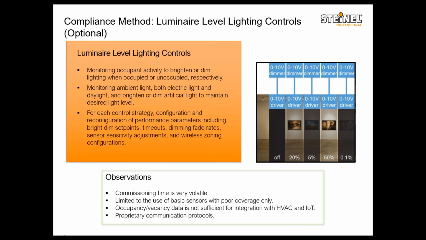Lighting systems shall be provided with controls that comply with one of the following. Number 1, lighting controls as specified in sections such through such, which is occupant controls, sensor controls, and then more details about open office and the rest of the areas. And number 2, luminaire level lighting controls, LLLC, and lighting controls as specified in sections such and such.